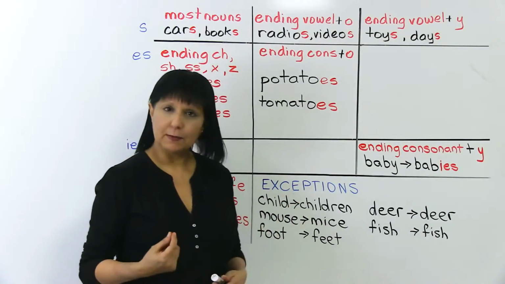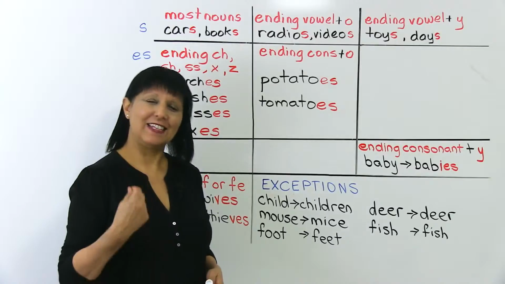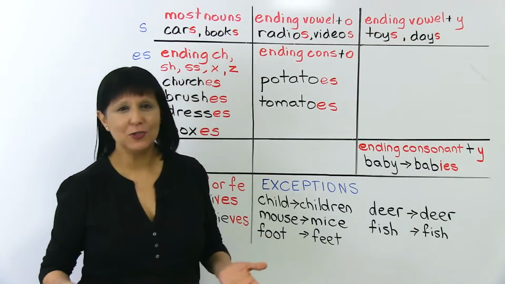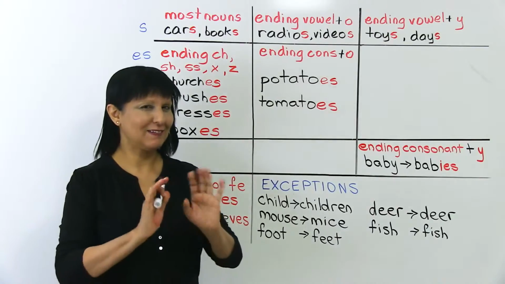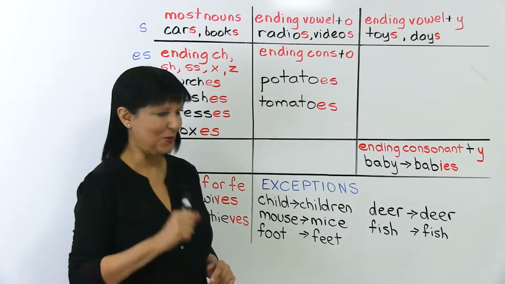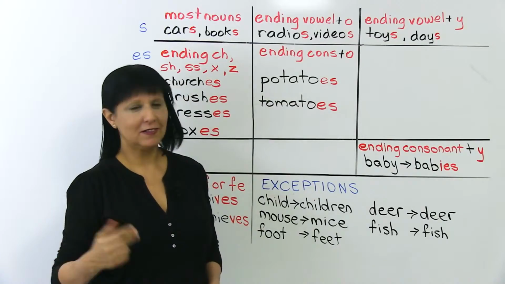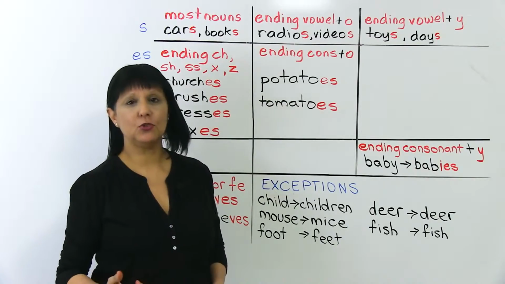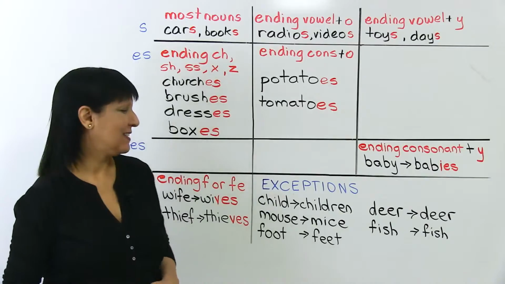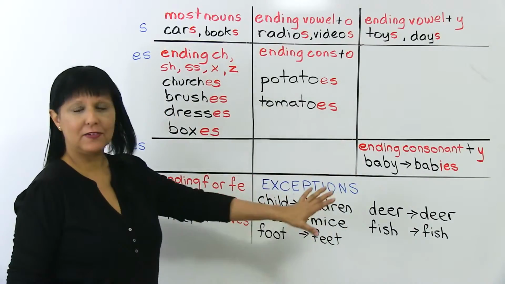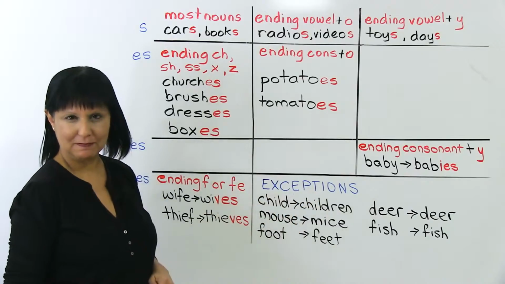And there are some exceptions where the singular and the plural are both the same. Just to confuse you a little bit more, but not for too long. Now you know. So we say one deer and two deer, one fish and two fish. All right. So that's kind of the pattern that there is for exceptions.